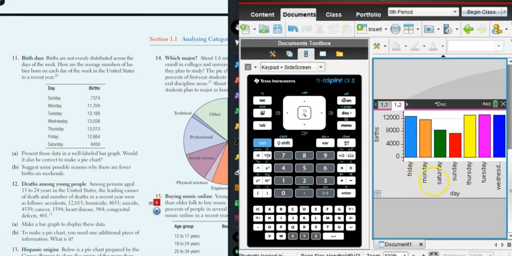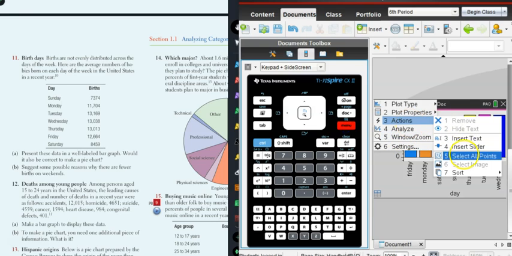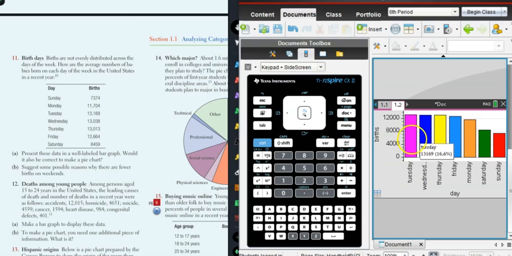Now we've got Friday, Monday, Saturday, Sunday, Thursday, Tuesday, Wednesday. That doesn't get us anywhere either. So let's go back to Actions and let's sort it again, but let's sort it by value. Now you have the highest number of births and you can see it from highest to lowest. So there's different ways you can do this. But anyway, this is how you do a bar chart representation.